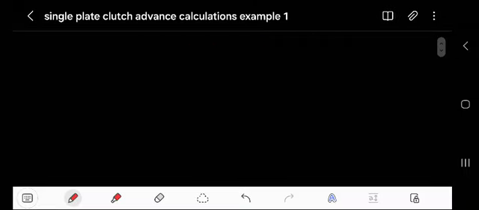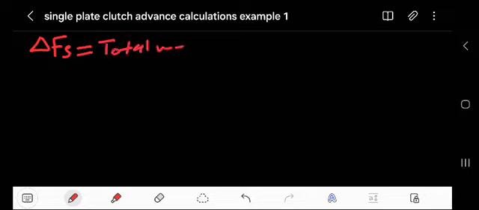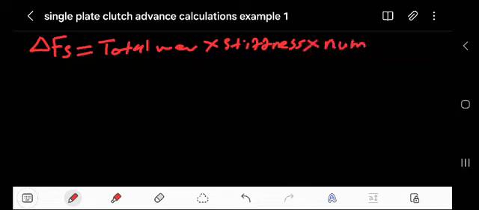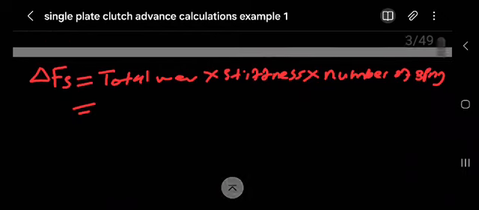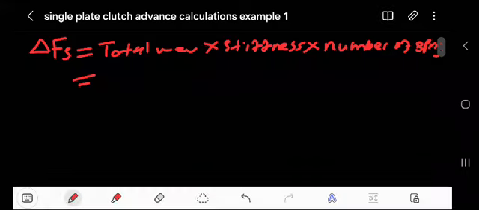We know that the change in spring force is the total wear multiplied by stiffness, multiplied by the number of springs. So for total wear, we found 8 millimeter.